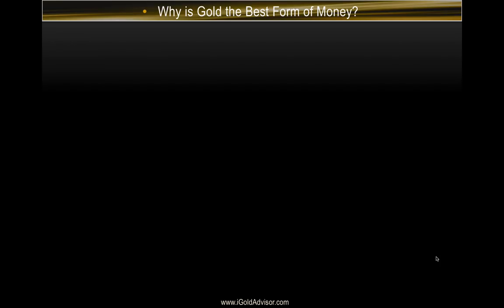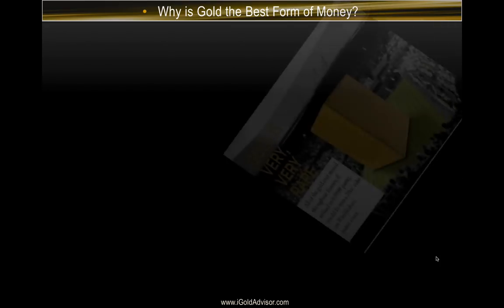There is something ingrained, I believe, in our evolutionary or developmental psychology, depending on how you see the world, that is drawn to gold and that knows that gold is the best form of money that we have found thus far as a species, best store of value. What are some of those reasons?